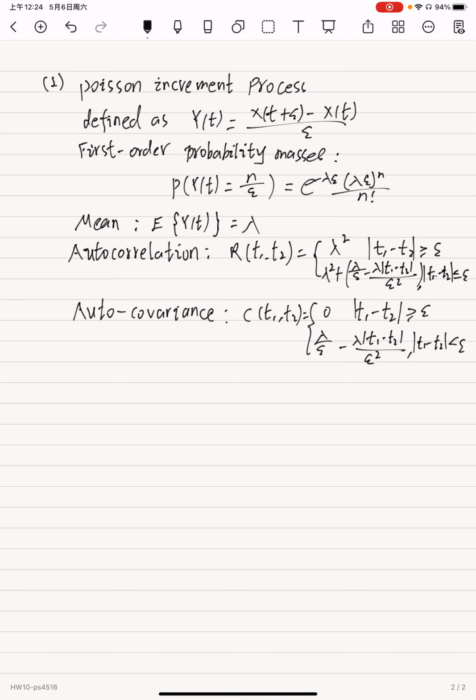And the third one is the point impulse process, which is defined as Z(t) equals dX(t)/dt, where X(t) is the Poisson process. For the probability mass, there is no definition.